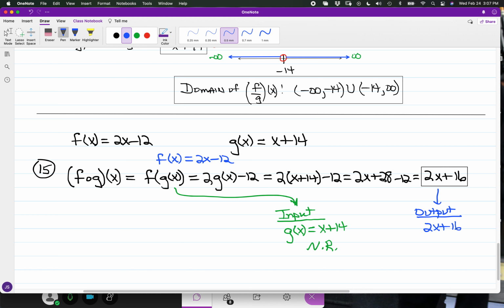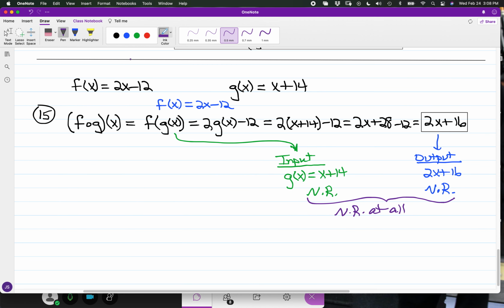We don't have any radical or fraction, so you have no restriction. Between the input and the output, there's no restriction at all. So for this particular composition of functions, the domain is the set of all real numbers.